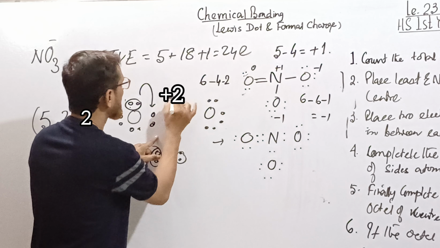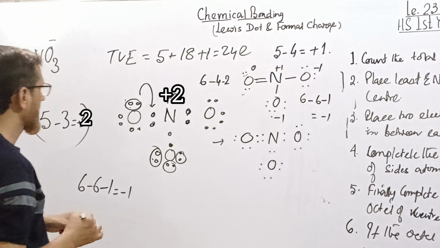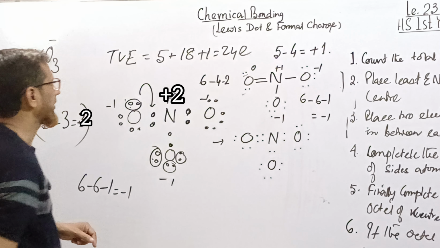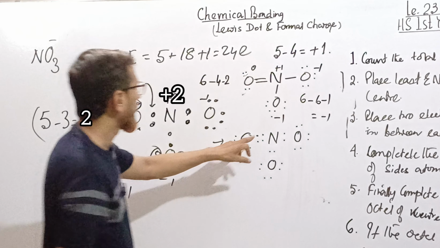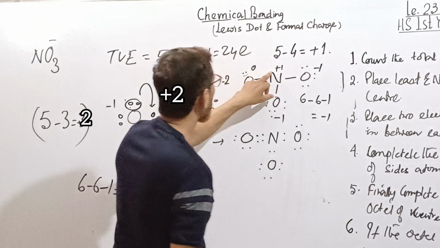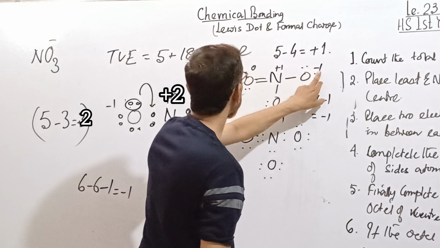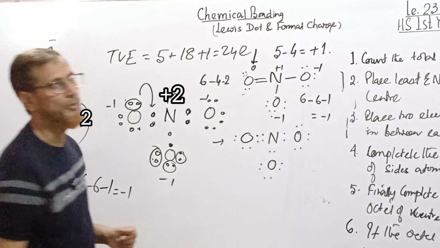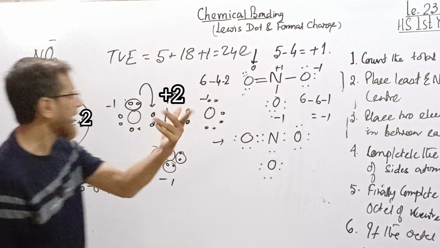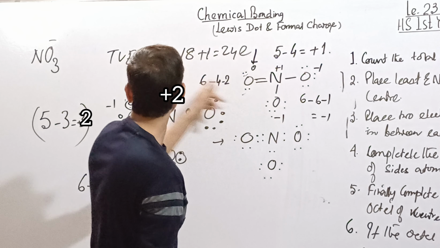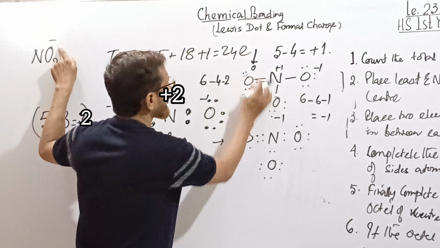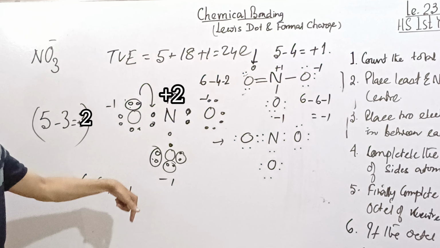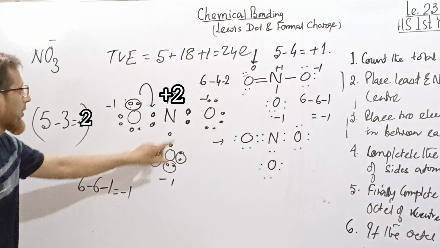Earlier we got plus 3 and minus 1, minus 1, minus 1. Now what we got here is plus 1, minus 1, minus 1, and 0. The total charge here is minus 1, plus 1, minus 1, 0, which is minus 1. In the earlier case, it is also minus 1, minus 1, minus 1, minus 3.